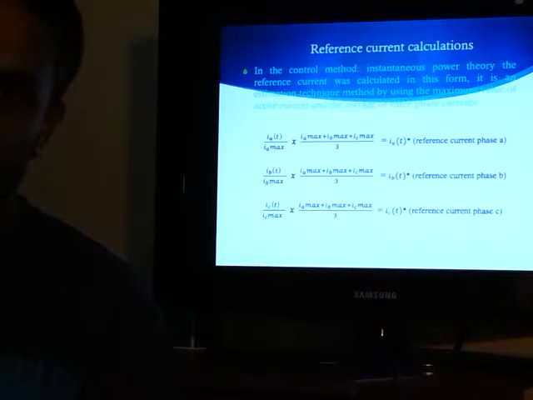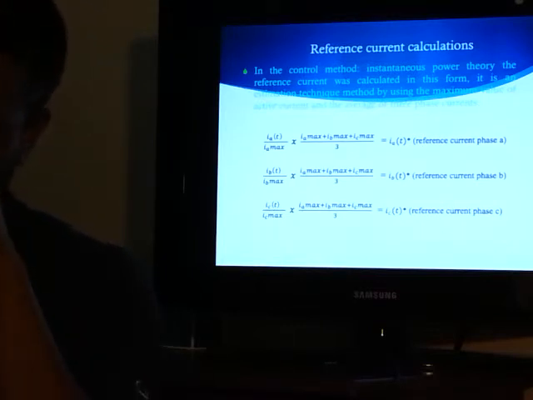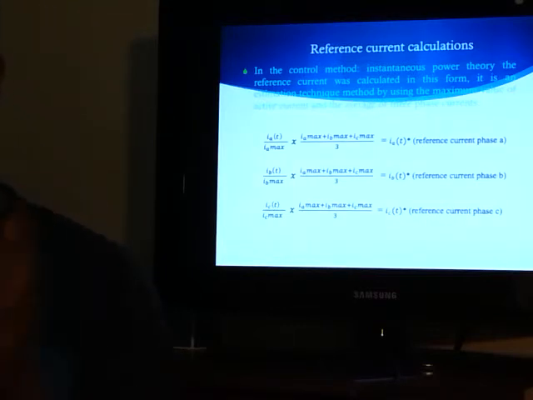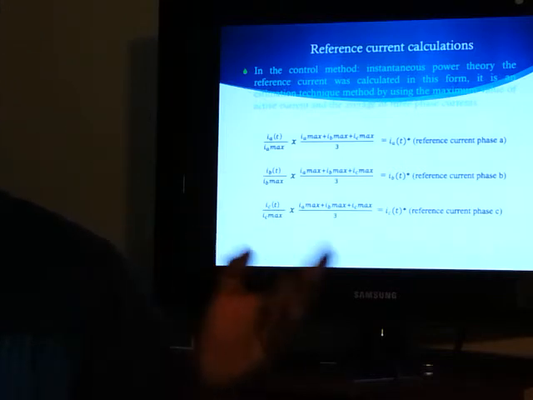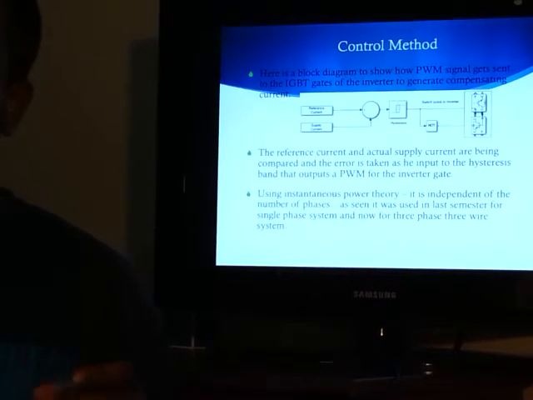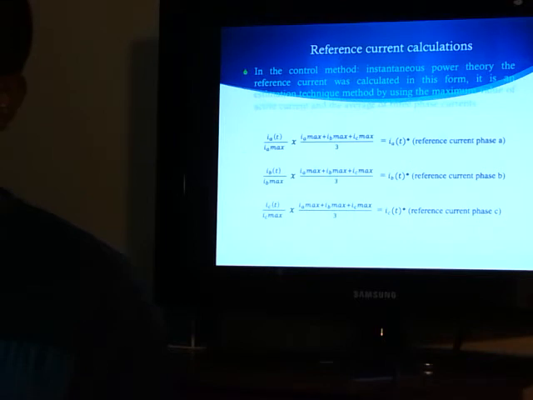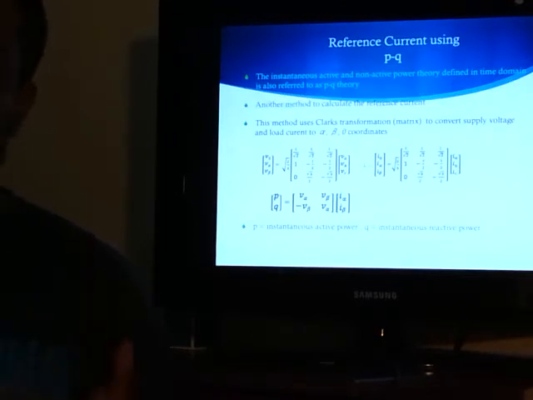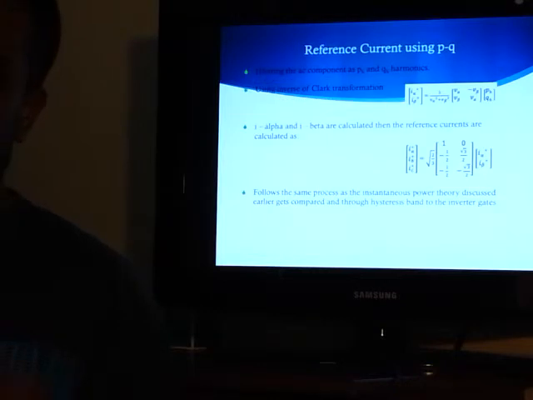Once we get the reference current, it is compared with the actual current, and the output goes to the hysteresis band, which gives an output that controls the gates of the IGBTs to generate the compensating current.